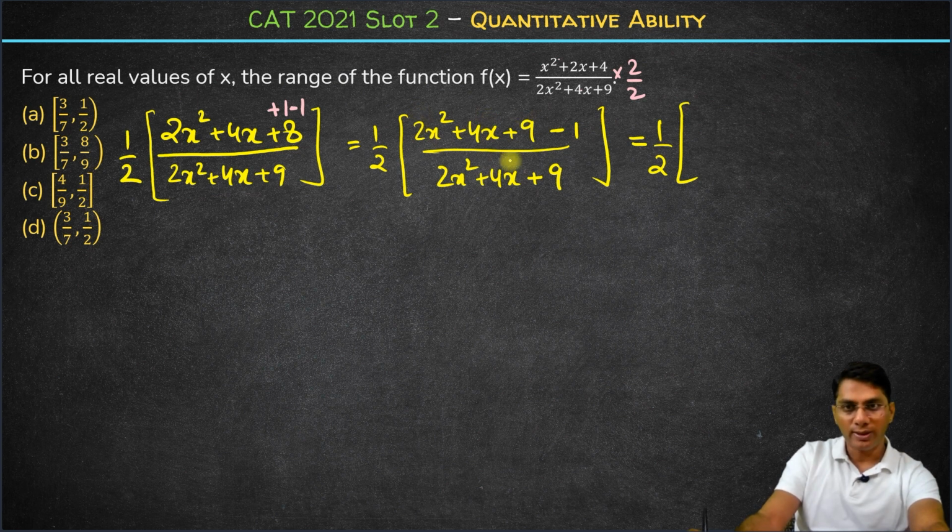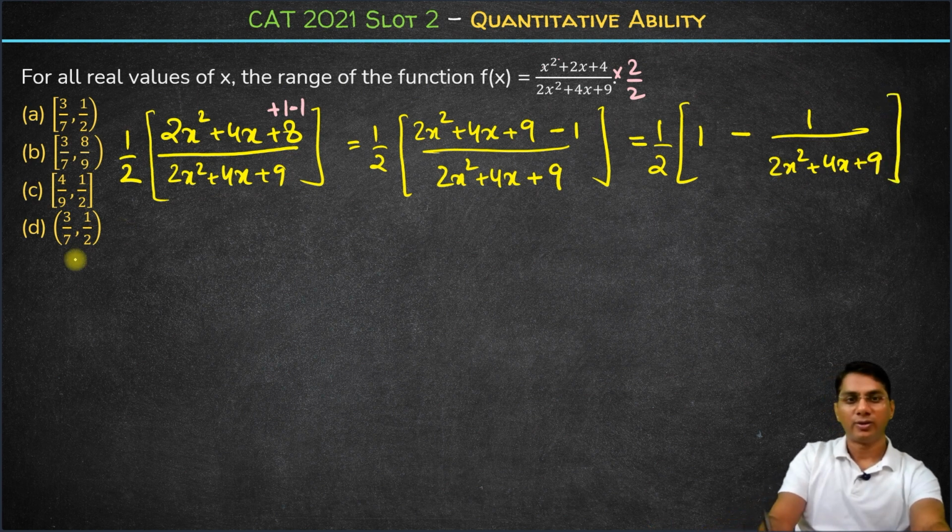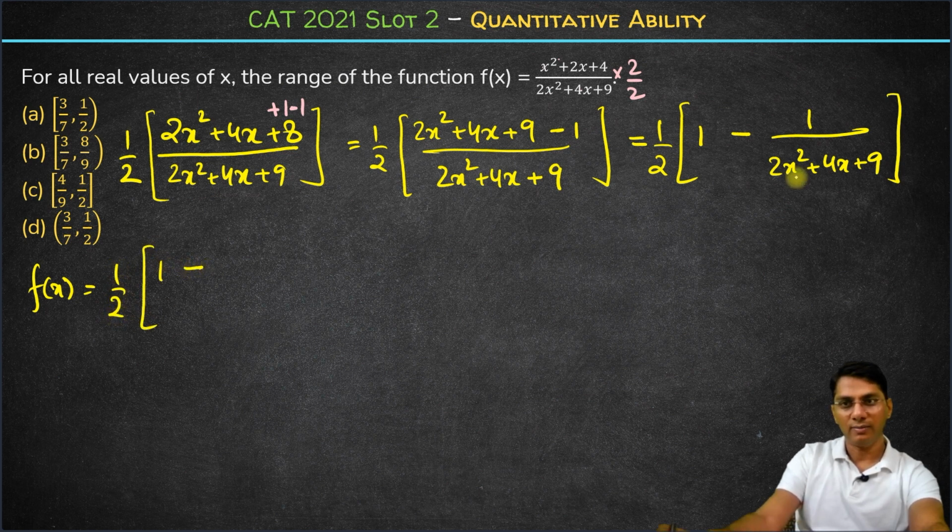We have this whole thing upon this whole thing, which comes out to be 1 minus 1 upon this whole quadratic, minus 1 upon 2x square plus 4x plus 9. So f of x effectively gets simplified to half of 1 minus 1 upon 2x square plus 4x plus 9.